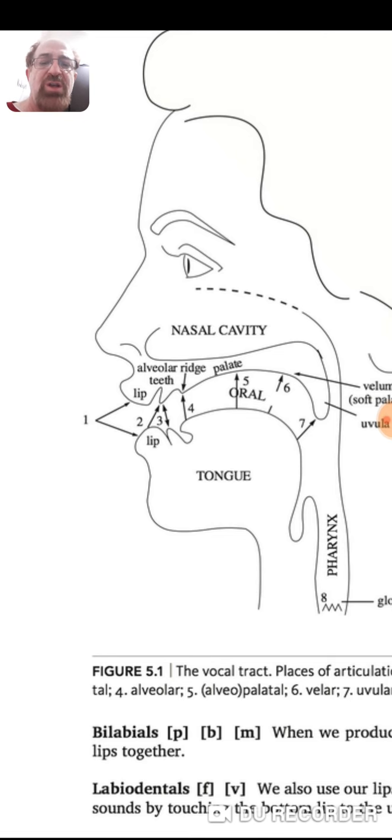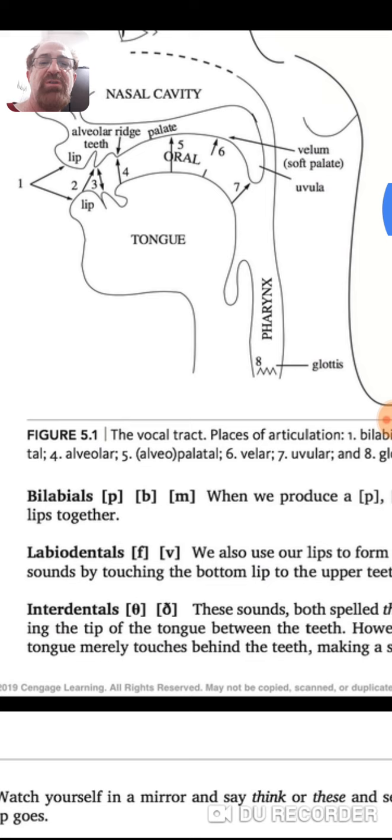And finally we go to number 7, which is your pharynx. What does it mean? Well, this is the pharynx. Mine actually will produce a sound here, but actually for Arabic especially. But after that, there is a glottis, number 8, and sounds are produced sometimes there in English and Arabic and Farsi.